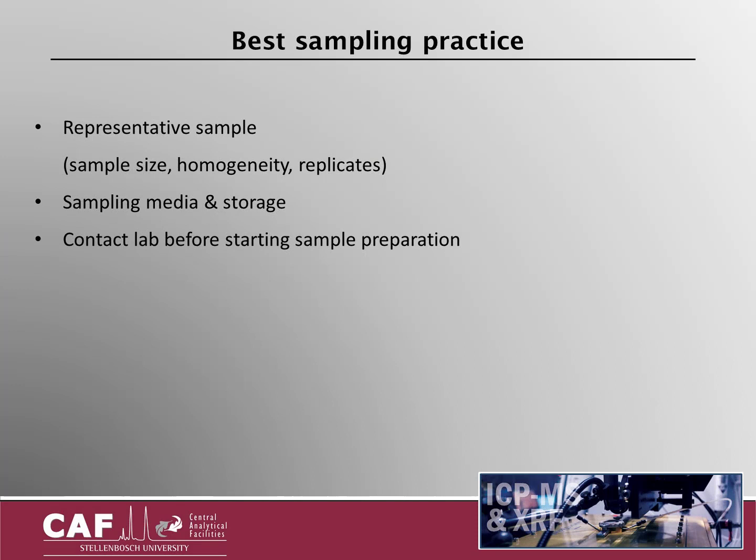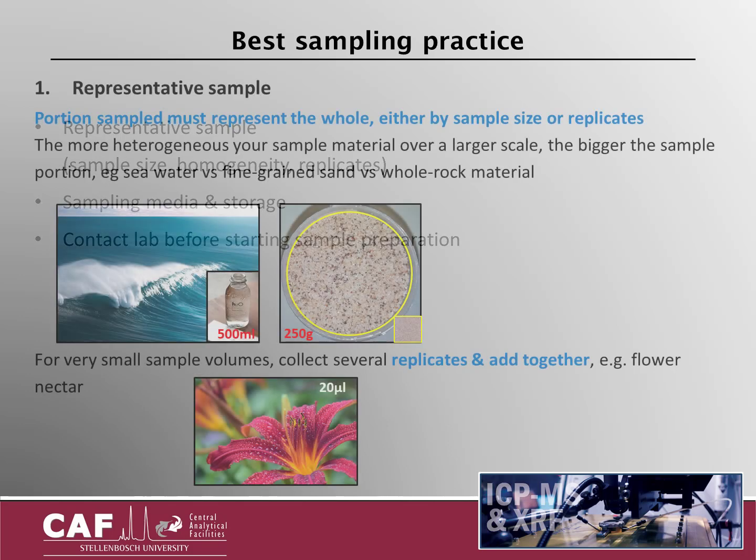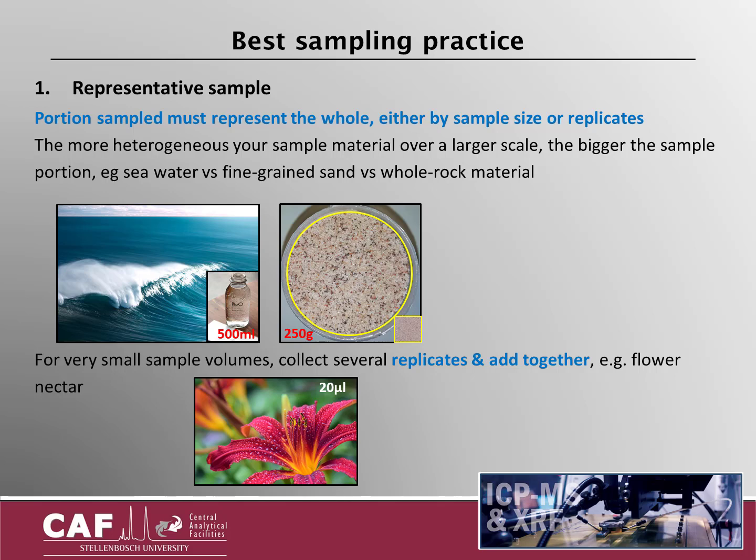The most important is representative sampling. The portion that you sample must represent the whole of your sample material, either by sample size or you have to take a number of replicates. So your sample material determines to a large extent the size and volume that you sample.